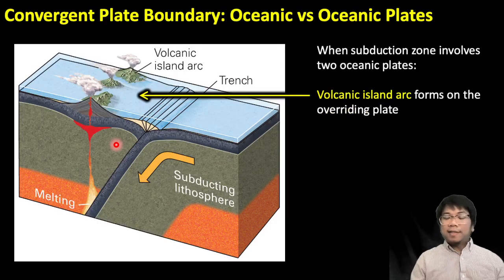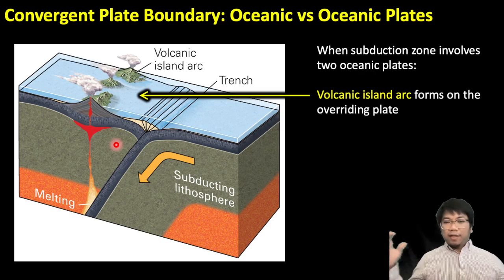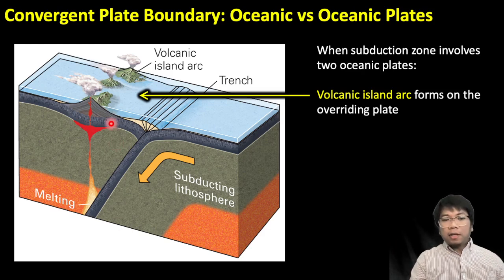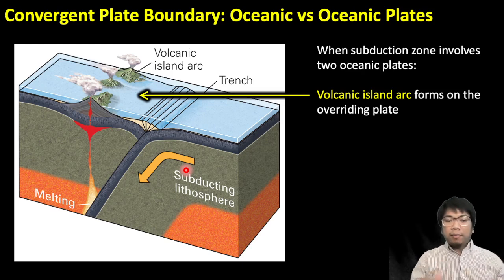Another example, the second example for a convergent plate boundary, happens when we have oceanic versus oceanic plates. Okay, so the first one we had continental and oceanic plates. Now this time we have both oceanic plates that are basically colliding with each other. One of the plates must be denser than the other one, and the denser plate will go underneath the less dense plate.